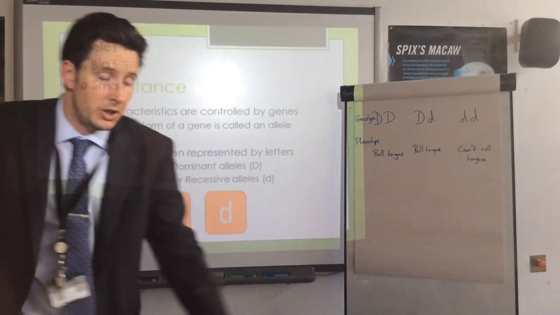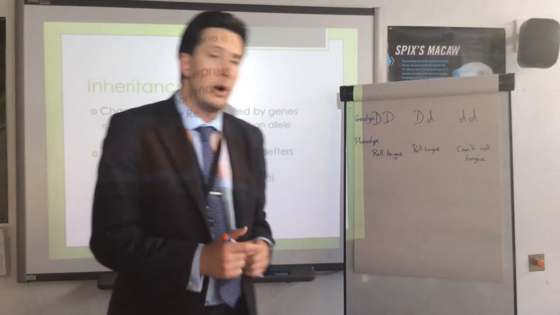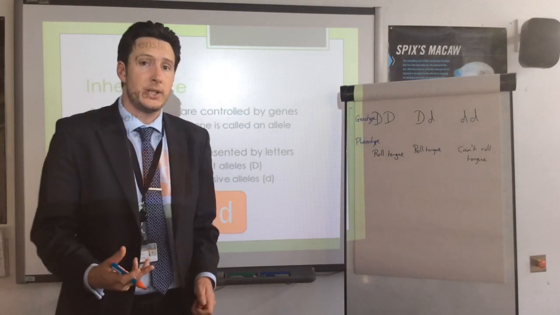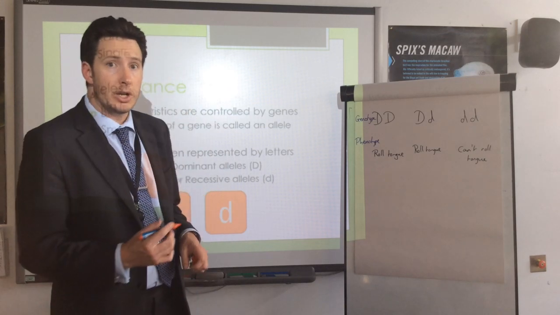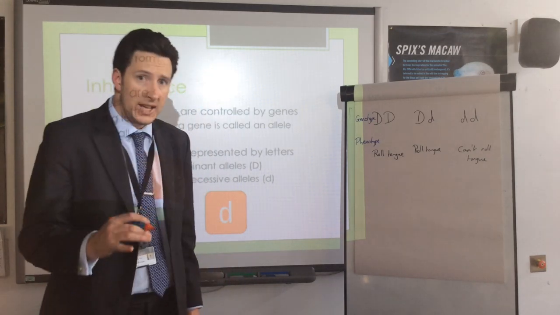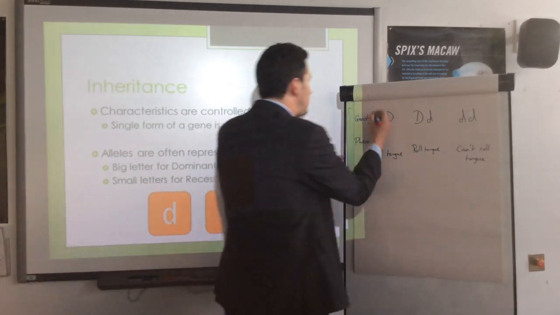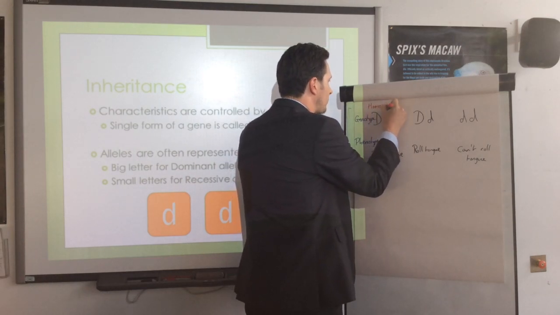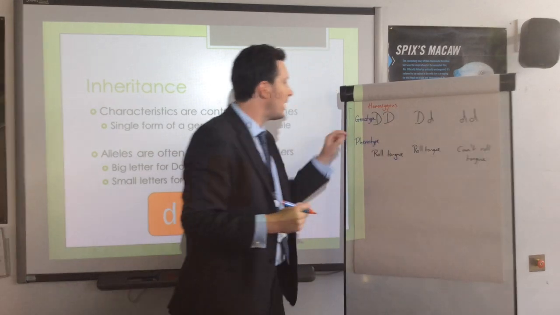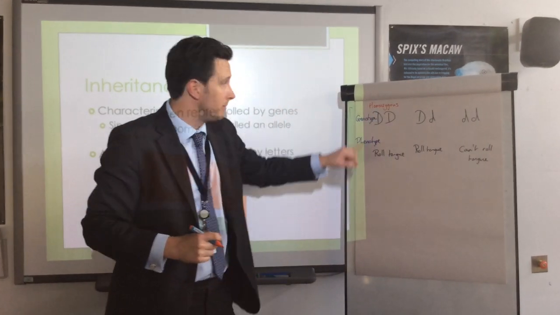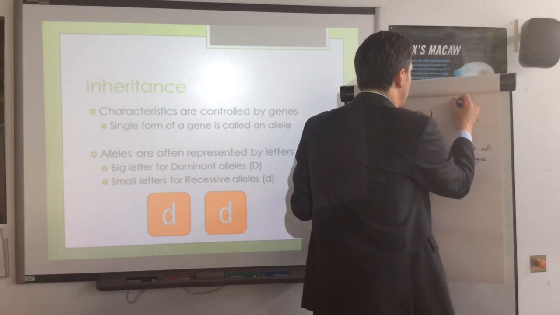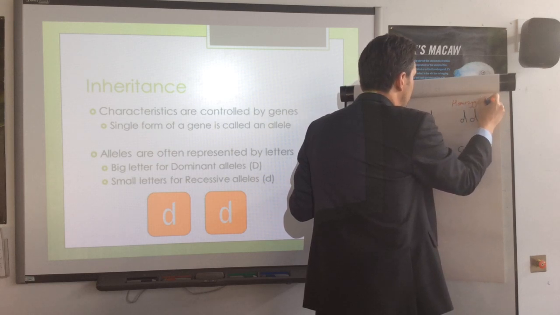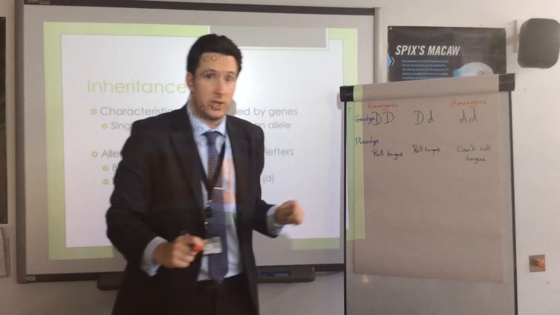Some other key words that you may come across are homozygous and heterozygous. Okay? Homo literally means the same. So homozygous means you've got two of the same alleles. So this is homozygous, because they're both big Ds. This is homozygous because they're two of the little Ds.